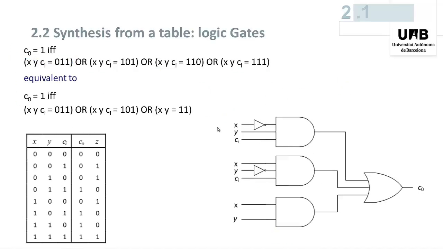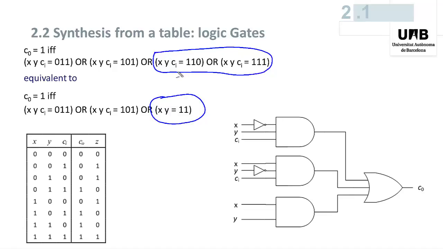An important comment. The two last conditions here could be replaced by this condition, a simpler one. Actually, the first condition here says that x and y must be equal to 1, 1, and ci equal to 0.